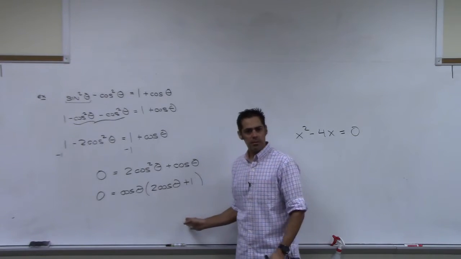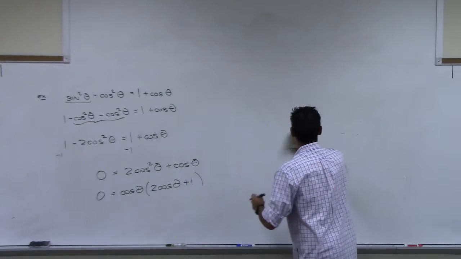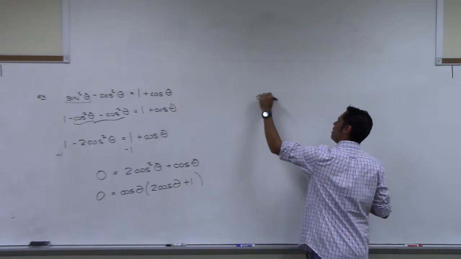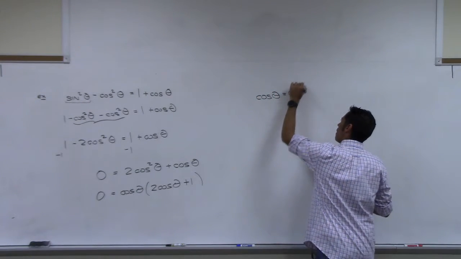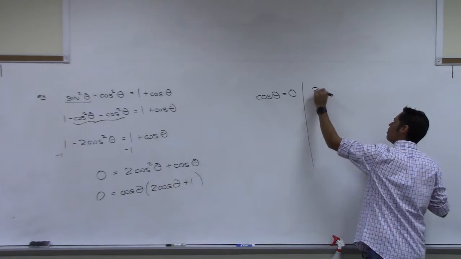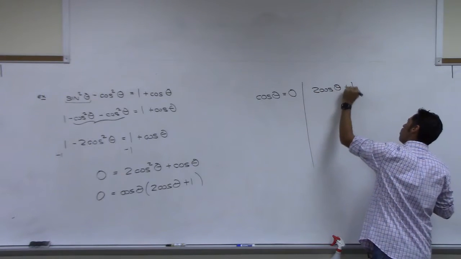Now you can set each of these equal to 0. 2 different factors. So I'm going to set cosine theta to 0, and I'm going to set 2 cosine theta plus 1 equal to 0.